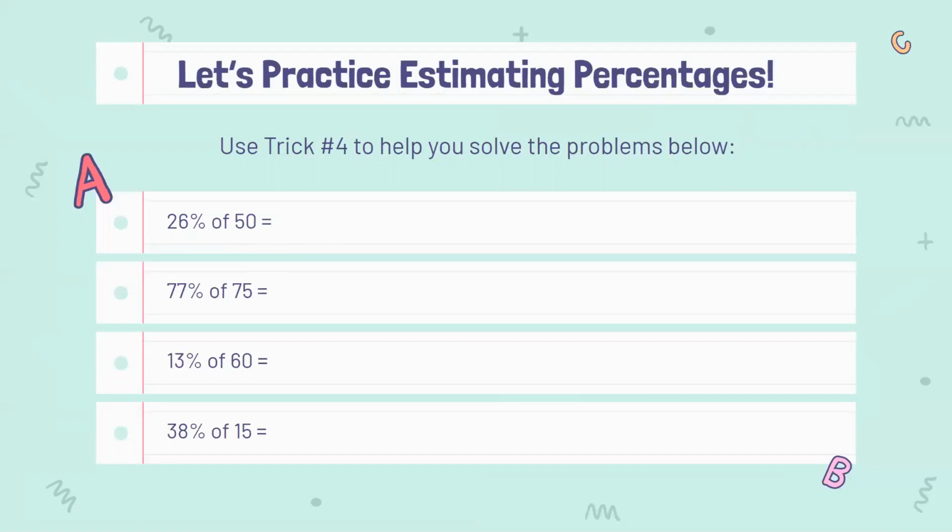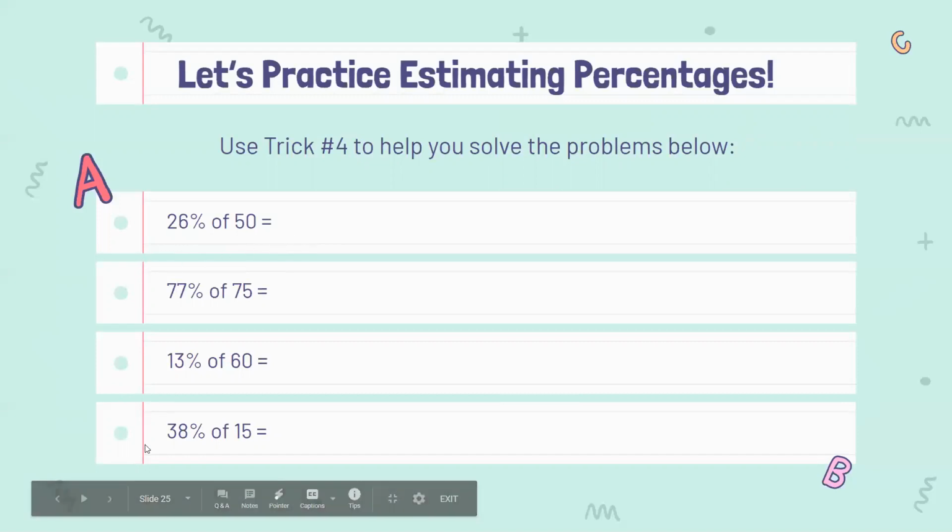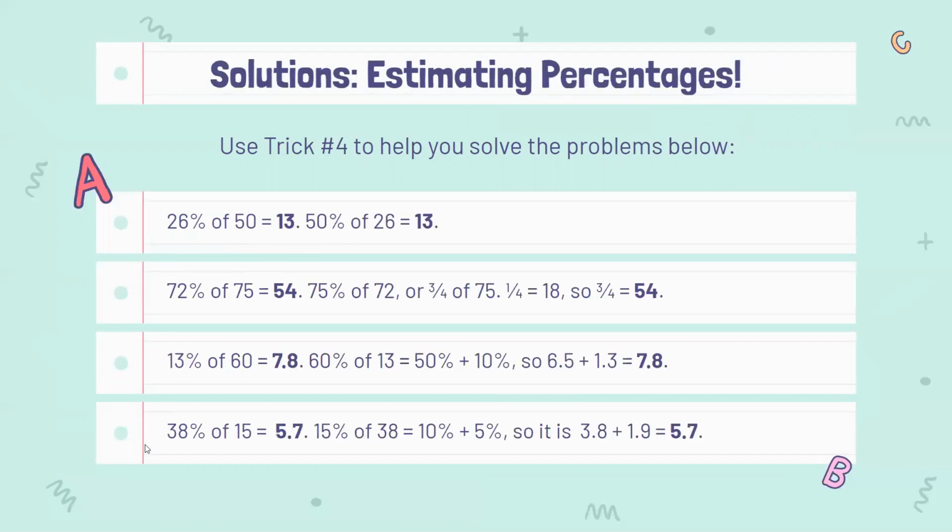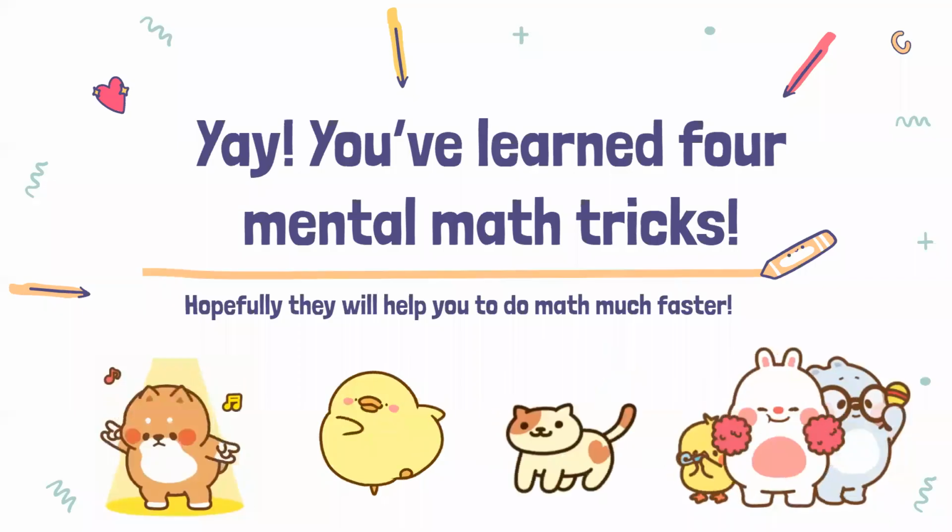Half of 26 we know is 13, and therefore 13 is your answer. You can do the remaining problems through the slideshow. And here are the solutions to the estimating percentages exercises.